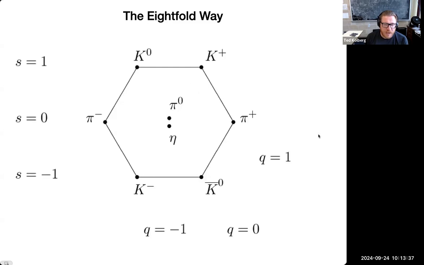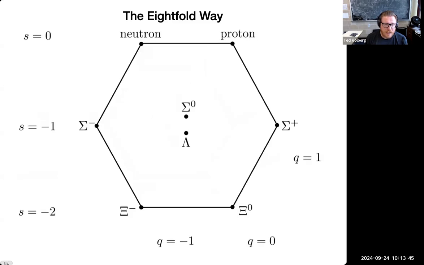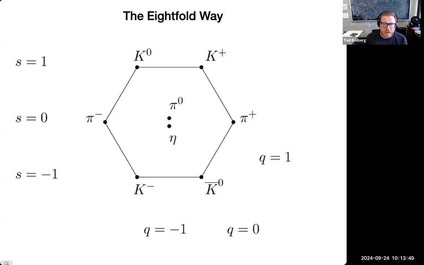The fact that these can be grouped in the same 8-fold grouping as the baryons on the previous slide suggests that there's something the same about the underlying constituents, even though baryons tend to be significantly heavier than mesons, especially within the same family.